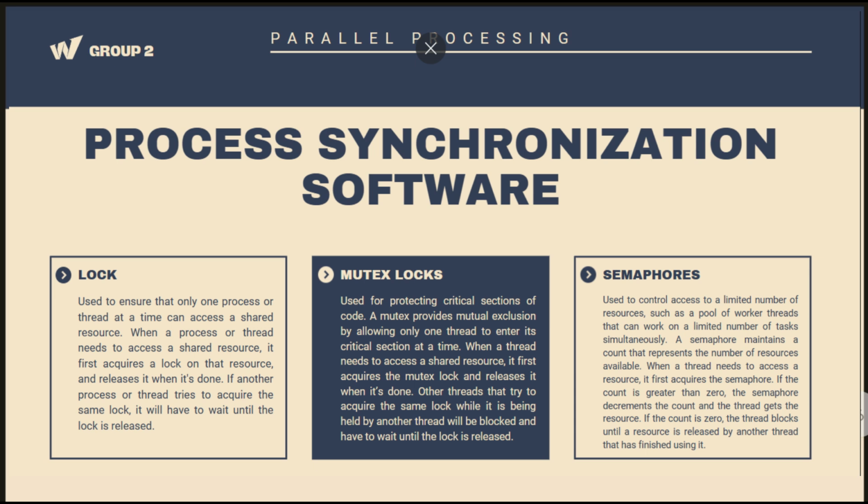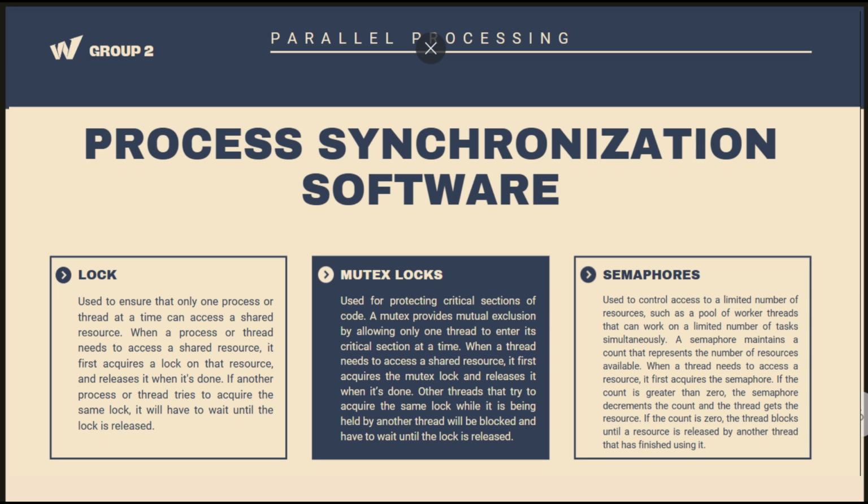process. Then ang semaphores kay multiple processes ang ihandle niya, pero depende ra gihapon sa limit niya. So the semaphore is used to control access to a limited number of resources, such as a pool of worker threads that can work on a limited number of tasks simultaneously.